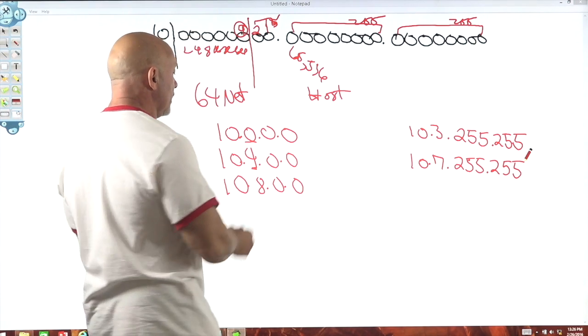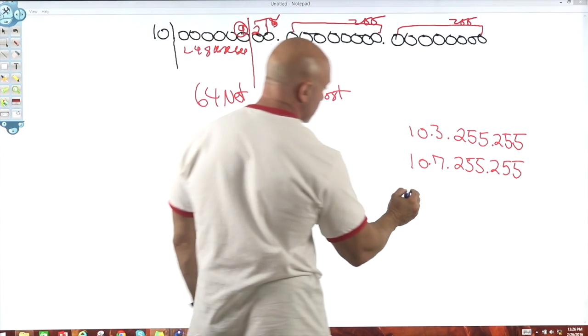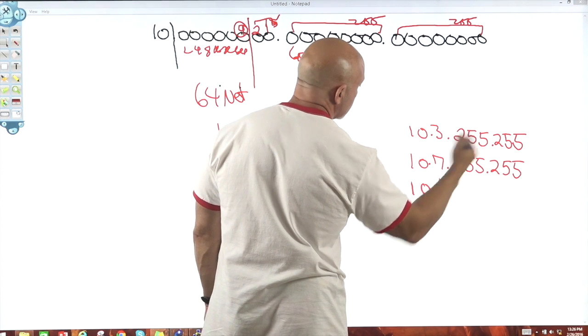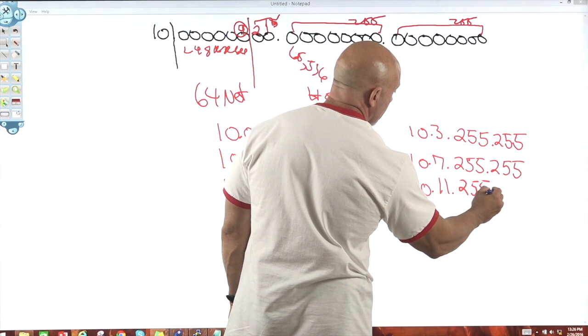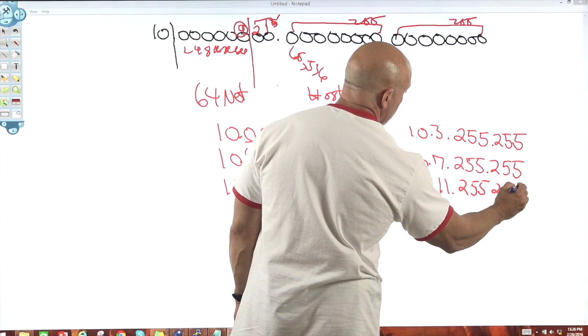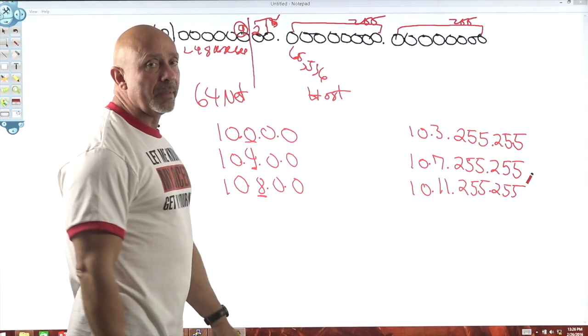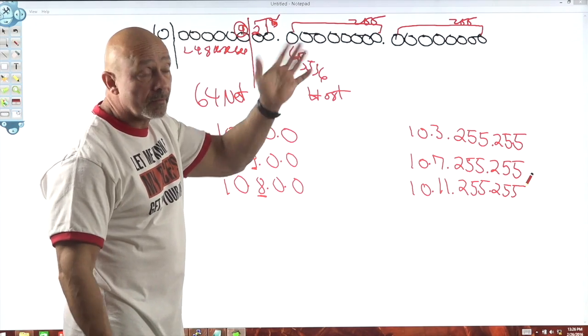Let's do the last one. So, 8 and 3, that's 11. Again, 255. Okay? And then next network would be 10, 12, right? If you count by 4, 9, 10, 11, 12.